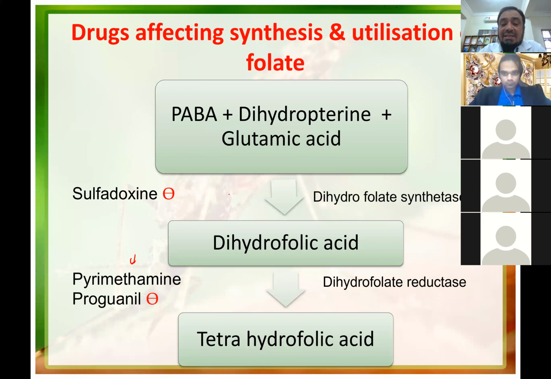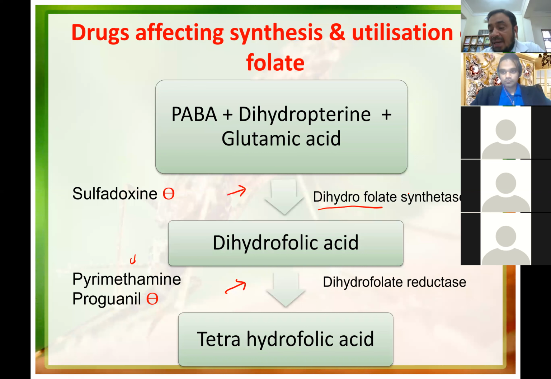Two enzymes in sequence are blocked. One enzyme, dihydropteroate synthetase, is blocked by sulfadoxine. Okay, and the second enzyme, that is dihydrofolate reductase, is inhibited by pyrimethamine and proguanil. So these two enzymes in sequence in the plasmodium are inhibited.